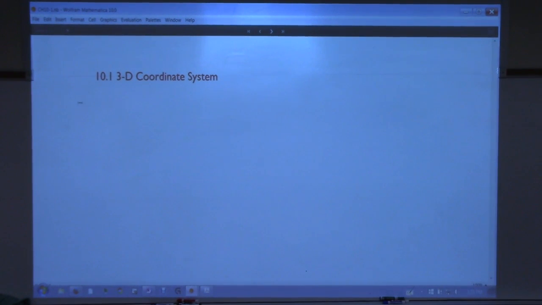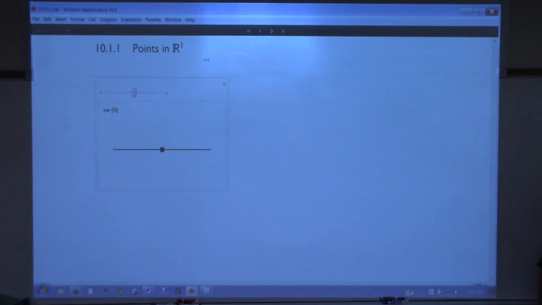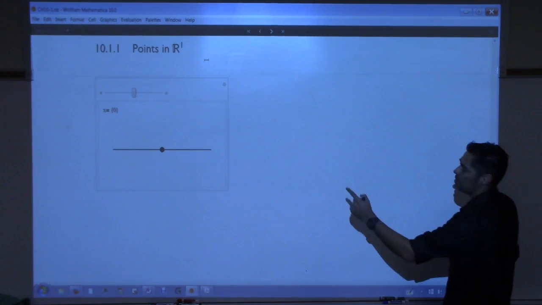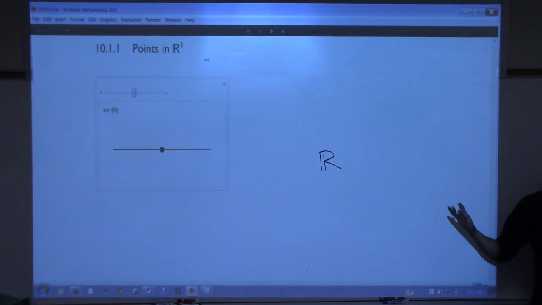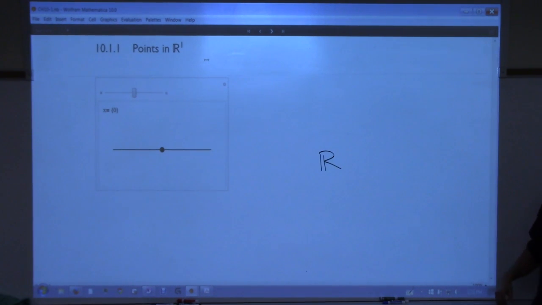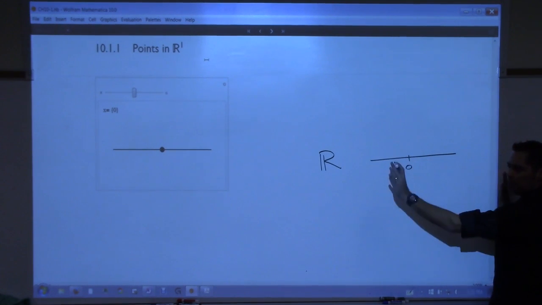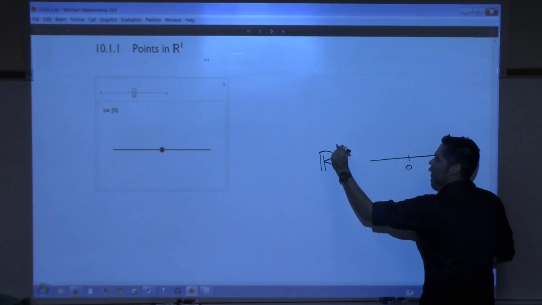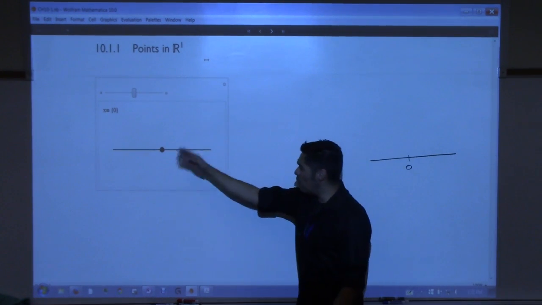So we have the 3D coordinate system. And I know this is going to seem kind of elementary, but in order to understand R3, 3-dimensional space, we have to be comfortable with 1-dimensional space and 2-dimensional space. So when we use this double-struck capital R, we always looked at that as meaning all the real numbers, right? And so a number line was what we could use to represent that, 0, everything both directions. But what was up here was like a 1. It was raised to the first power, and that's R1. So R1 are all the points on the number line.